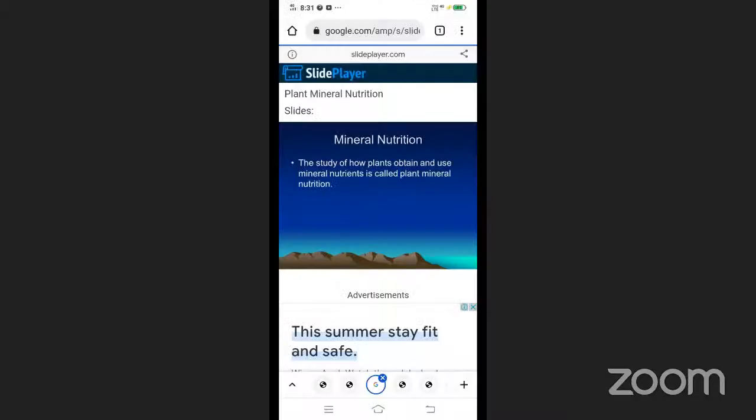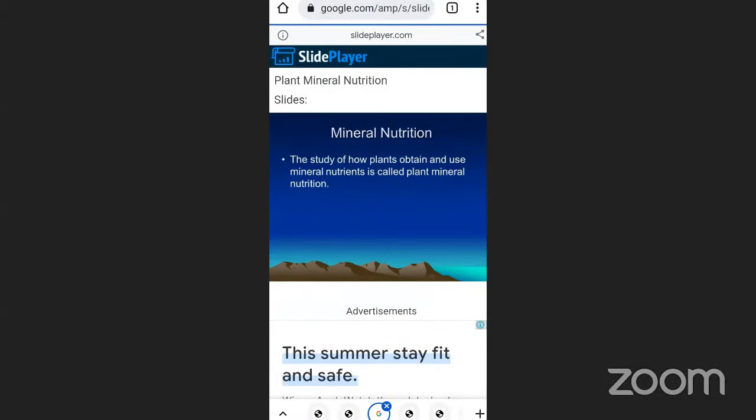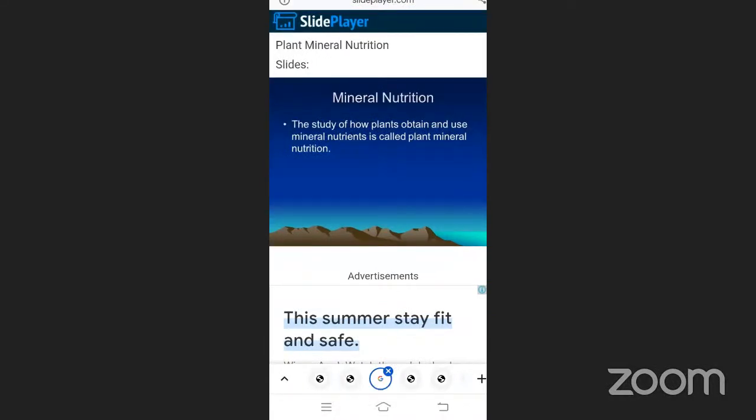Okay. So the next topic is mineral nutrition. What is mineral nutrition? We discussed it in the second unit. The study of how plants obtain and use mineral nutrients is called plant mineral nutrition.